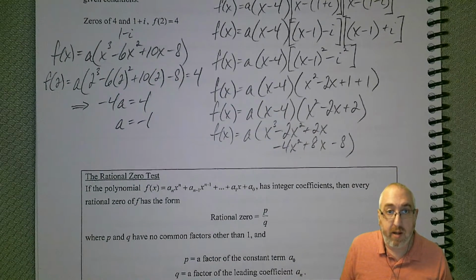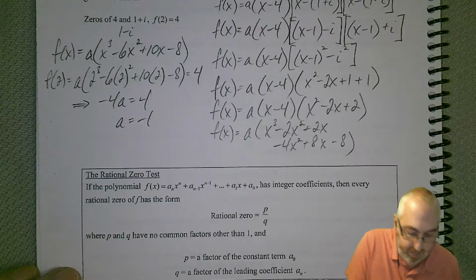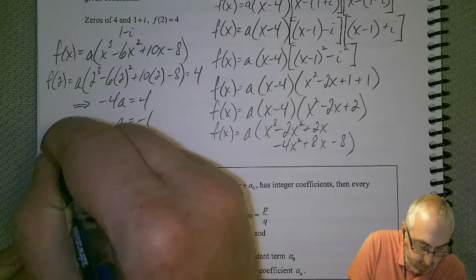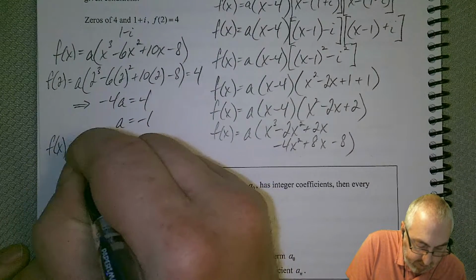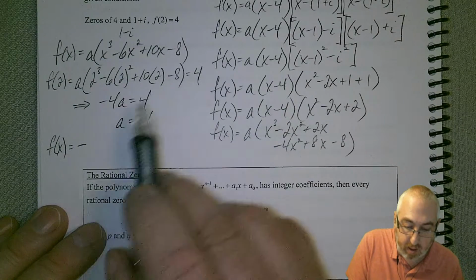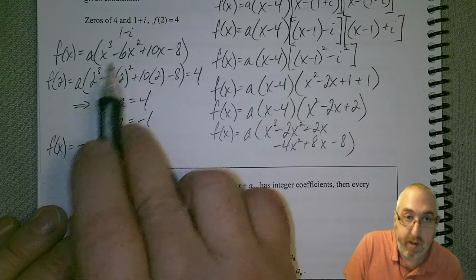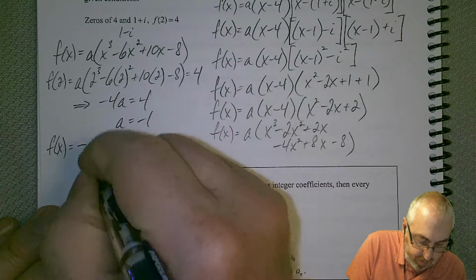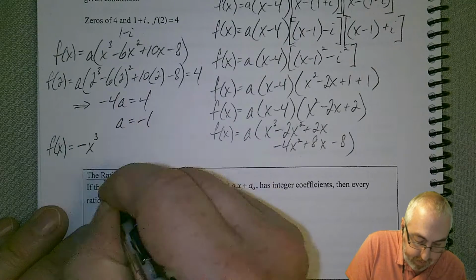So our final answer, after all of this, should be f of x equals the negative of what we had in parentheses up here. So let's distribute the negative at the same time.